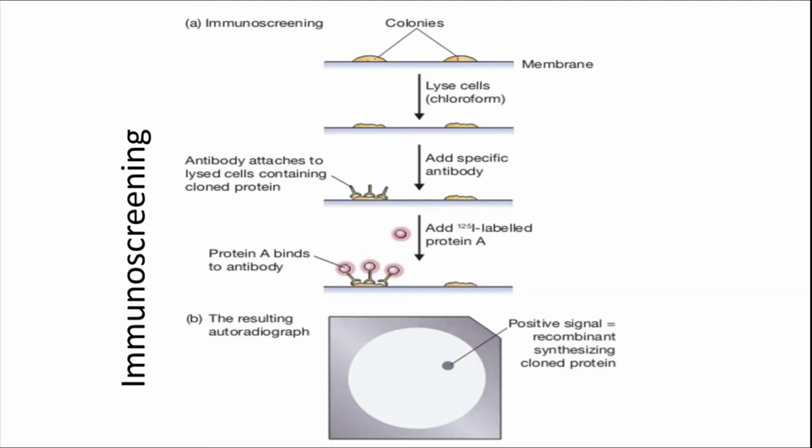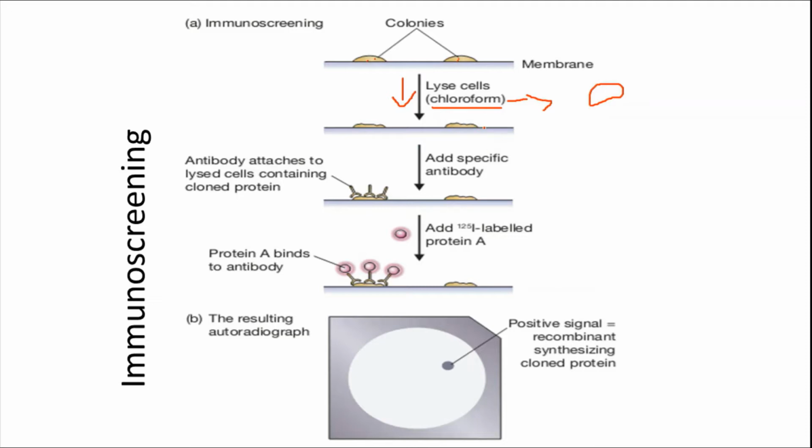One can easily lyse the cells by treatment with chloroform. Chloroform destroys the plasma membrane and cell wall, so the cell is lysed and becomes a cell-free system containing all kinds of cell biomass.